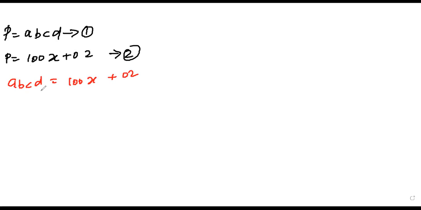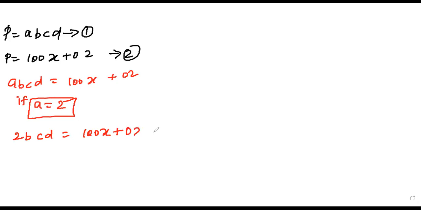Okay, so we already knew P is even and it is divisible by 2 or 6. So if A is equal to 2, you will have 2BCD is equal to 100x plus 02.